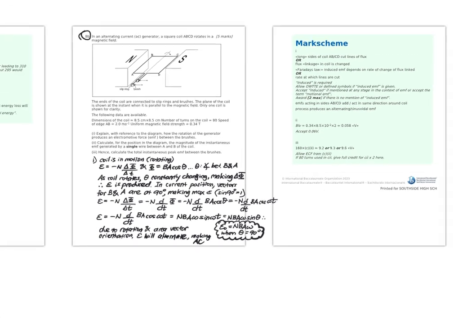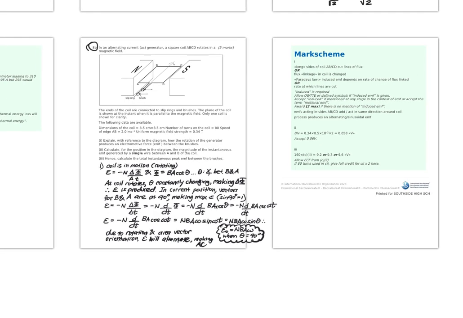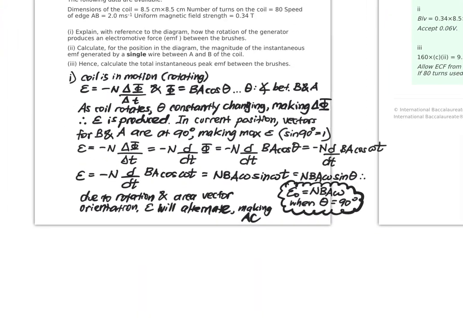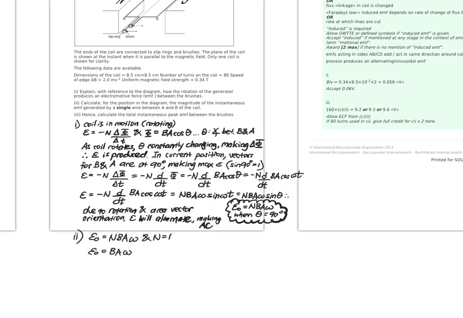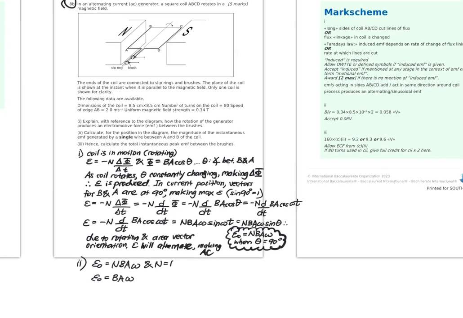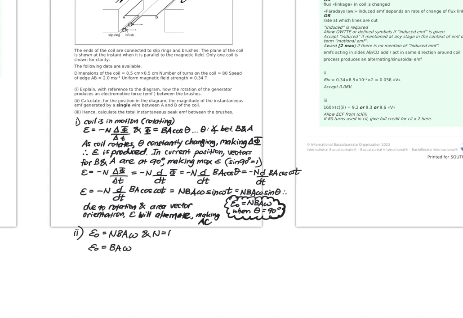And I'm out of space, and I did not include the answer area, so I'm just going to do it down here off the page. Oh wait, I misread double I. It doesn't want the coil, it wants for a single wire between A and B. This is a throwback all the way to the beginning of the topic. It actually goes back to 11.1. I was about to go off and find what the angular frequency is based on the linear speed of the coil.